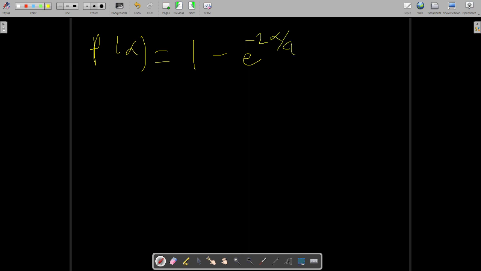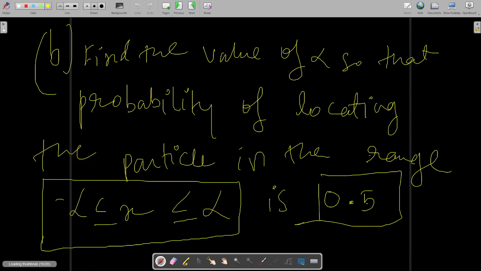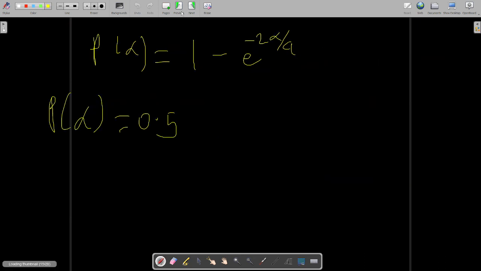Its value is already given, that it is equal to 0.5. Read over here: the probability of locating the particle is given as 0.5. So we will put 0.5 over here.